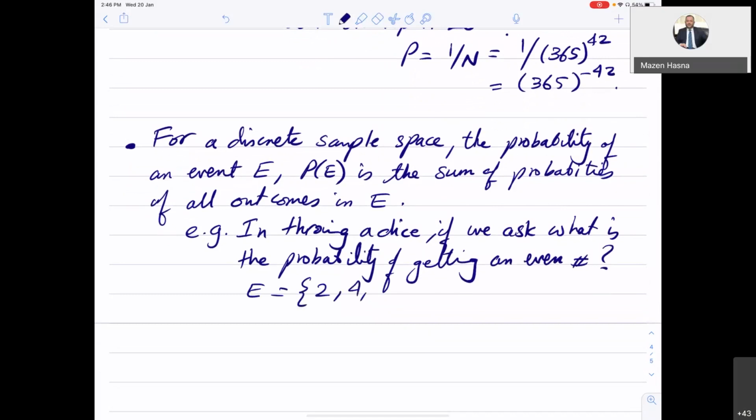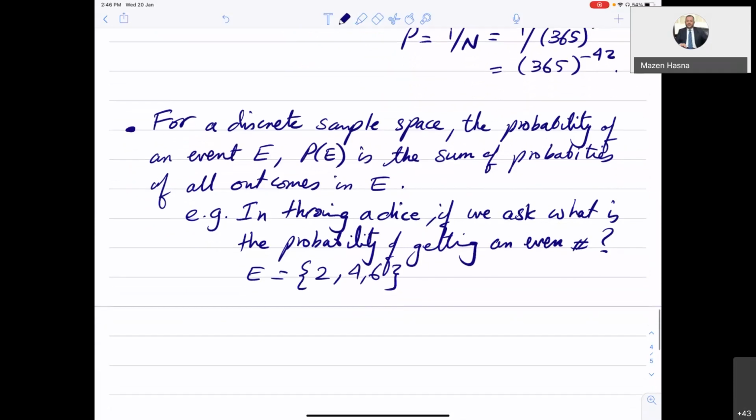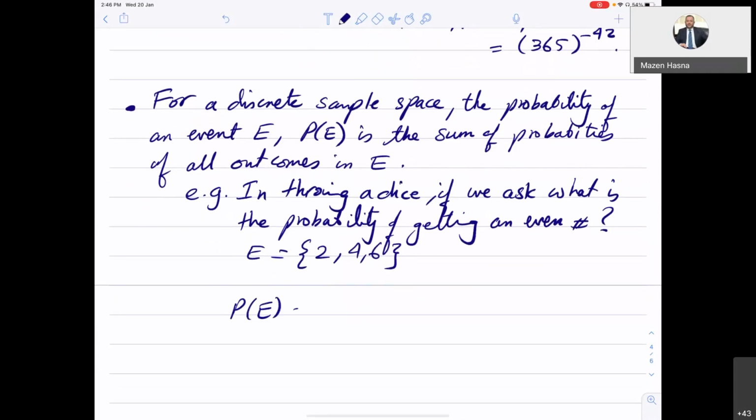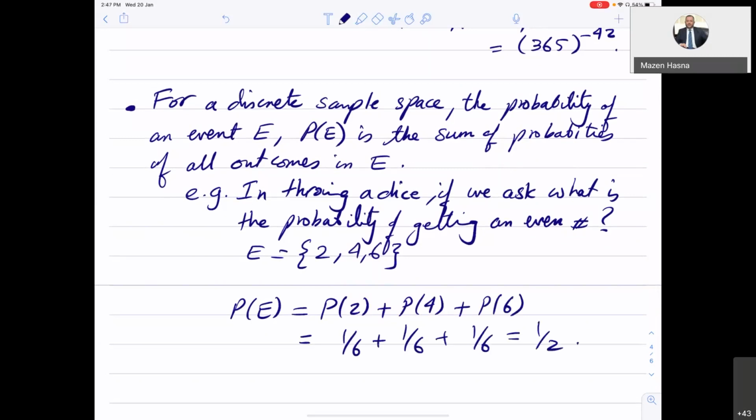So it's 2, 4, 6, right? So what we are saying, probability of E equals probability of 2 plus probability of 4 plus probability of 6. So we add the probabilities of the outcomes inside that event, which is 1 over 6 plus 1 over 6 plus 1 over 6, which is 1/2. So if I have an event that is composed of a few outcomes, then to find the overall probability of that event, we just add the probabilities of the outcomes inside that event.